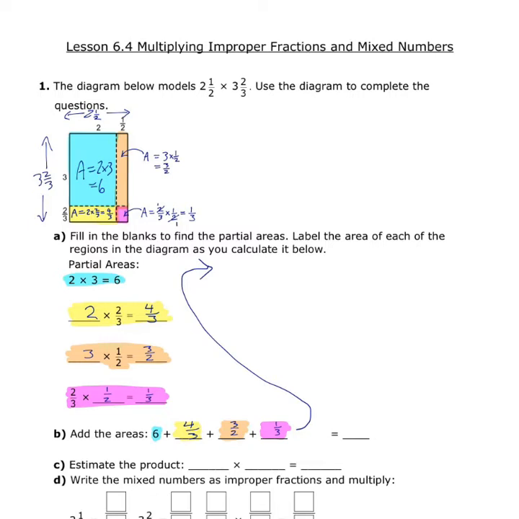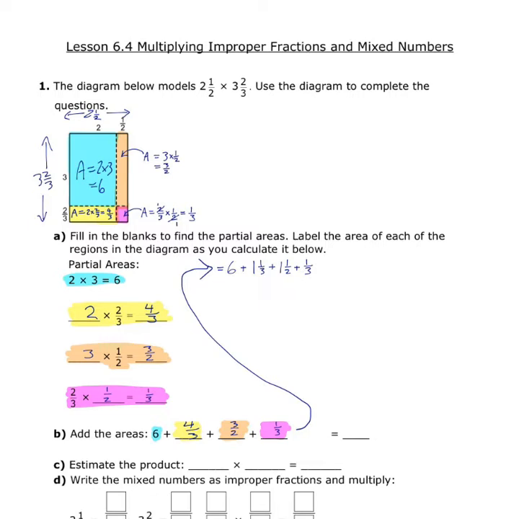Alright, so what I'm going to do is start with the 6 as a whole number, and I'm going to change the 4/3 into 1 1/3. And then I'm going to take the 3/2, and I'll write that as 1 1/2. And finally I'm going to take the 1/3 and just leave it as is.